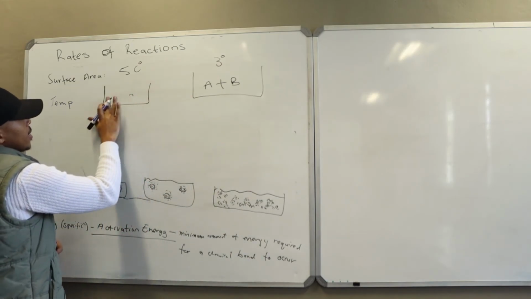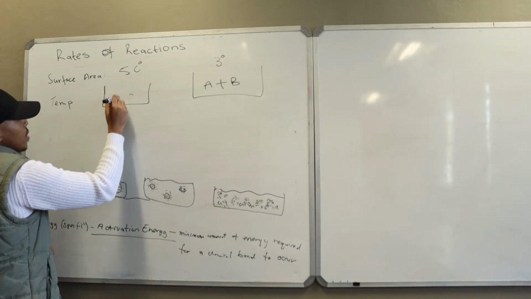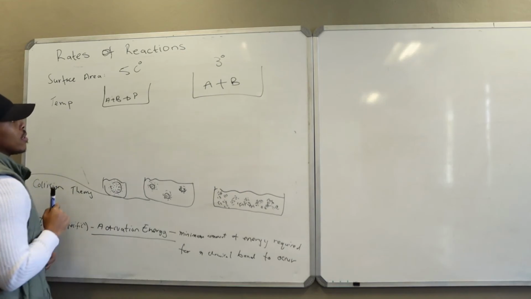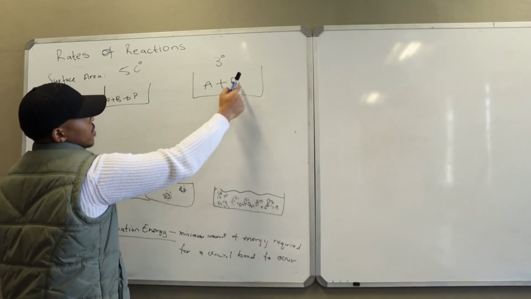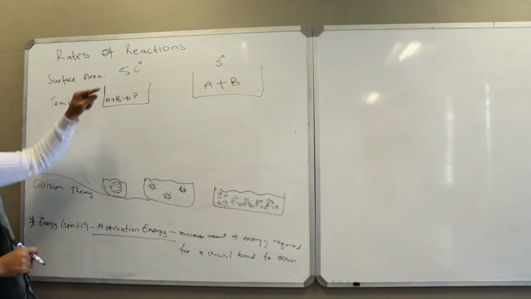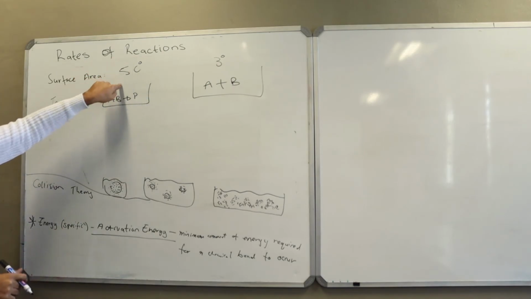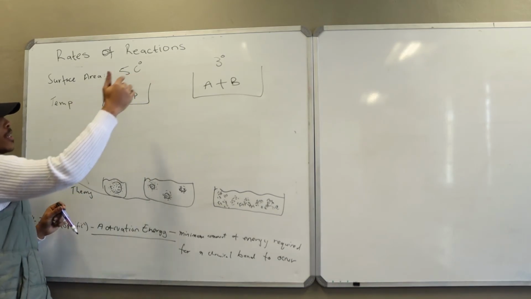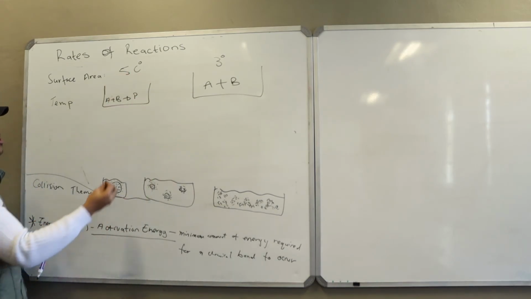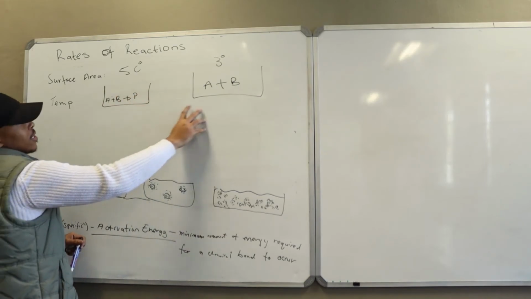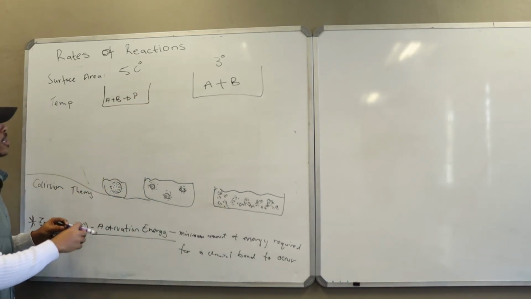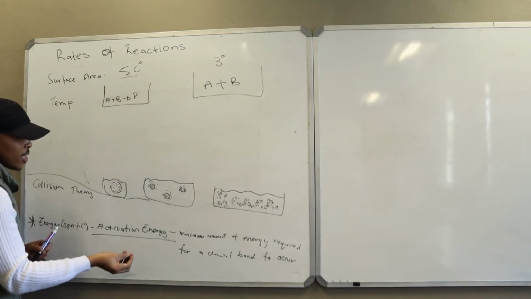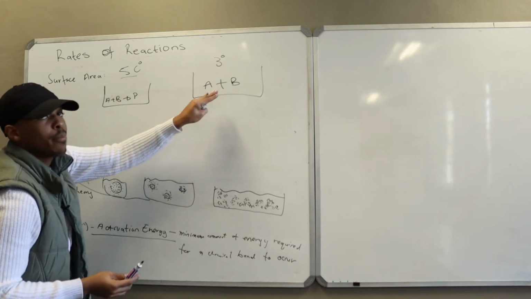This means the A plus B will not form a product, because it needs to be at least 5 degrees Celsius and above in order for the reaction to occur. If you have the same reactants at a lower energy than the required activation energy, then the reaction is not going to happen.